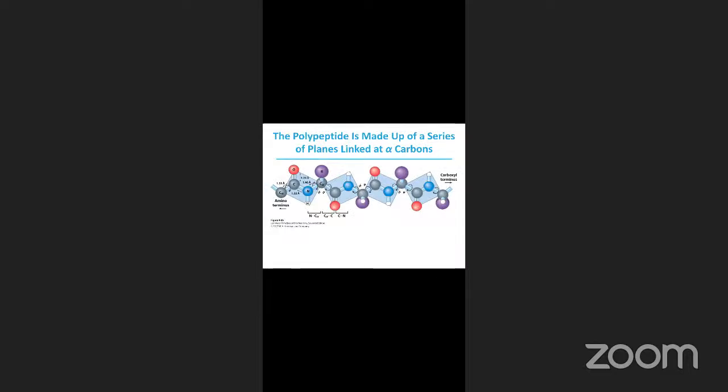And based on this resonance, usually the bonds present between carbon-carbon and carbon-nitrogen will have different angles. So the bond between carbon-carbon, though it is a single bond, is given the name psi. Okay, it's a symbol psi.